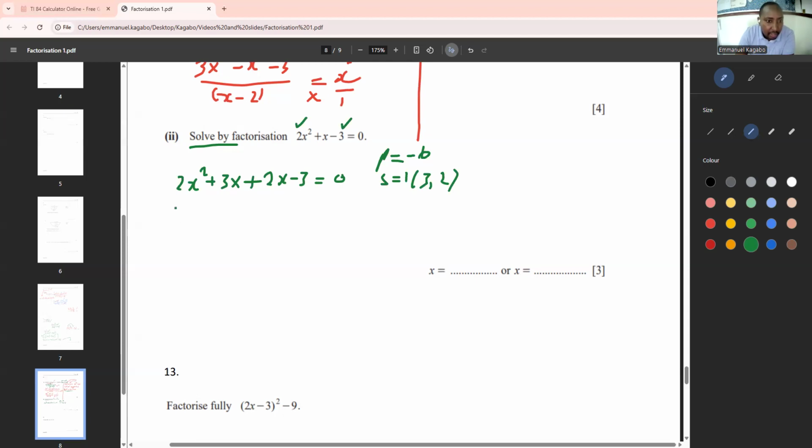Now, here, what do we have? It's going to be x as a common factor, then 2x plus 3, then the highest common factor here will be 1. Oh, I made a mistake when I was doing the numbers.